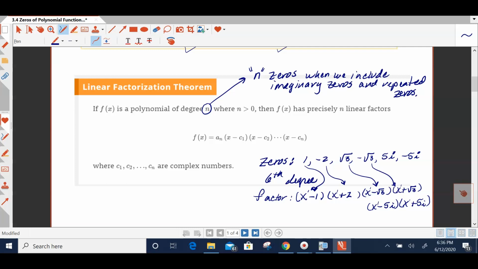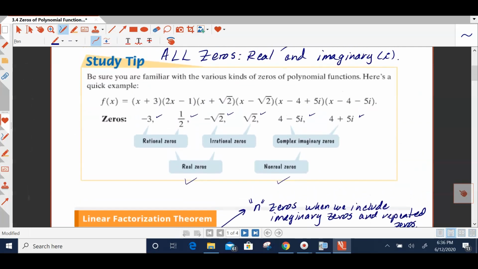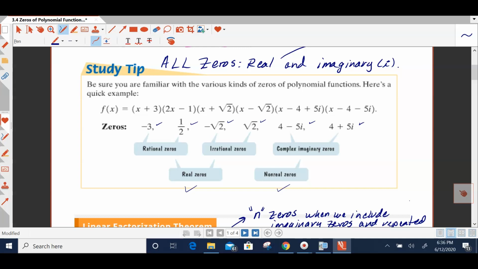Now let me back up a second and say this. Whenever you have an irrational zero, like a square root of 2 or a square root of 13, these will always, always, always occur in a pair.